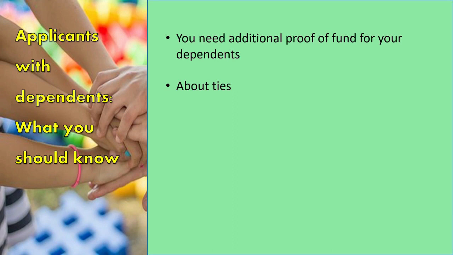And your spouse needs to provide evidence that he or she has strong ties that will keep him or her in the home country while you are away. These are some of the nuances that are associated. But once you identify all of this, you'll be able to navigate them very easily.